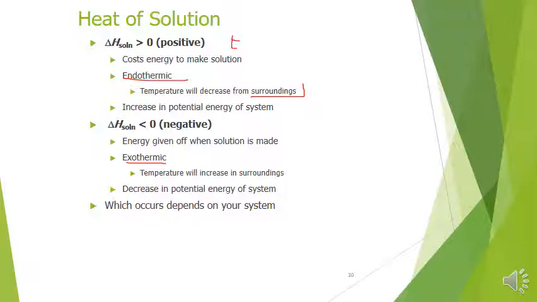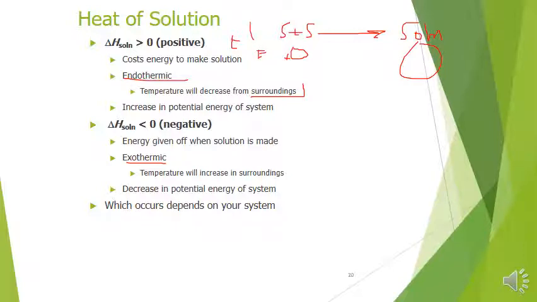And so in this case, when your solvent and solute go to a solution, the solvent and solute have a lower enthalpy than the solution, so it has to add energy.